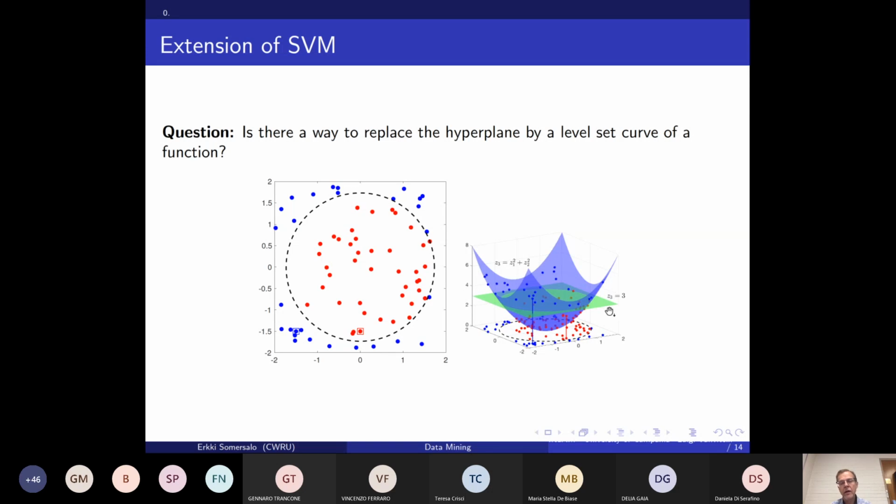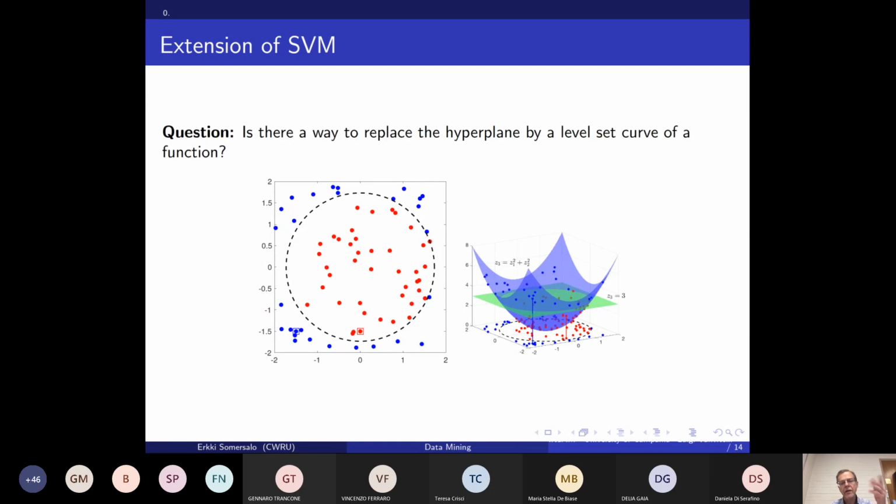So this green plane where z3 equals 3 is neatly cutting the paraboloid so that the points lying on the paraboloid below this plane belong to the red class, and the points above the plane are outside the level set, and therefore they are in the blue set.